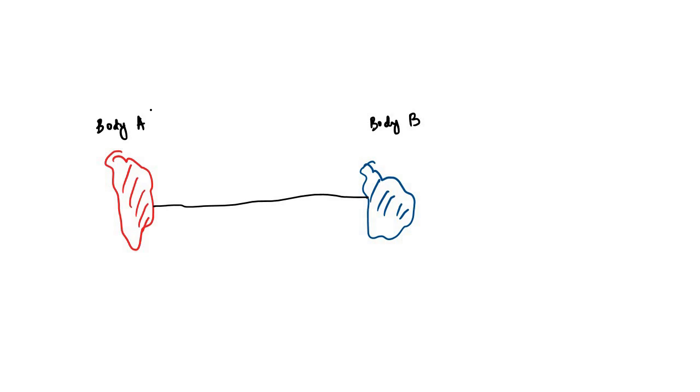Let's say the internal energy of body A is represented by U subscript A, and the internal energy of body B is represented by U subscript B. Here UA is greater than UB.